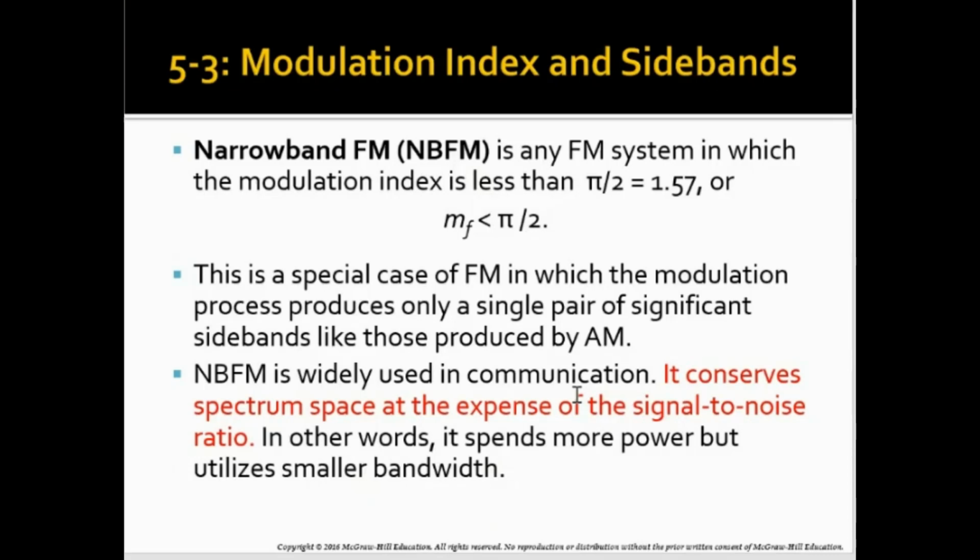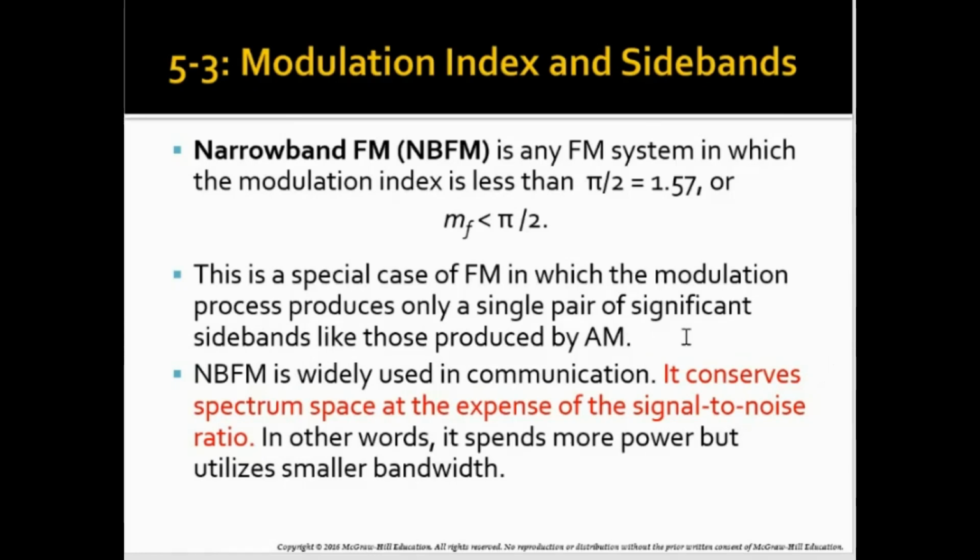Narrowband FM is any FM system in which the modulation index is less than pi/2, meaning 1.57. This is a special case of FM in which the modulation process produces only a single pair of significant sidebands like those produced by AM.